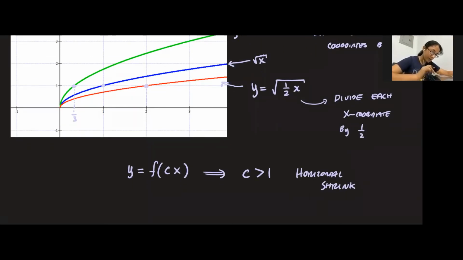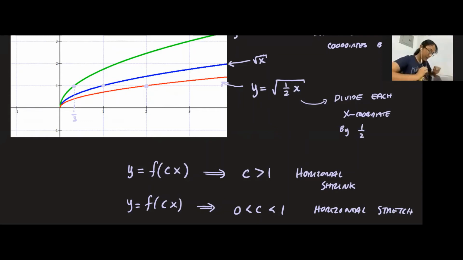by 1/c. And if we have y equals f of c times x, again, you're multiplying the input value by c. If c is a fraction between 1 and 0, then it is a horizontal stretch.